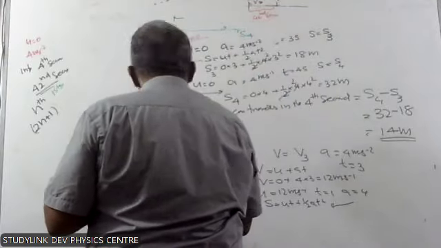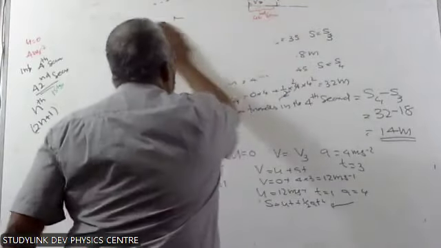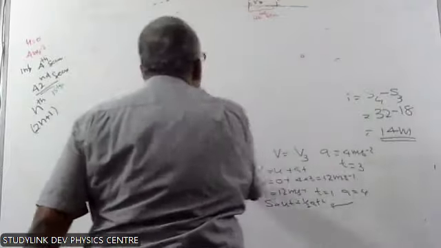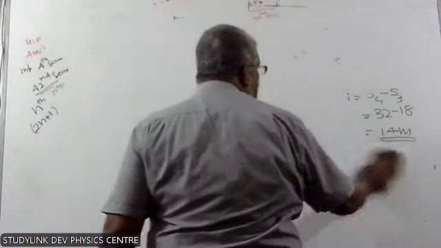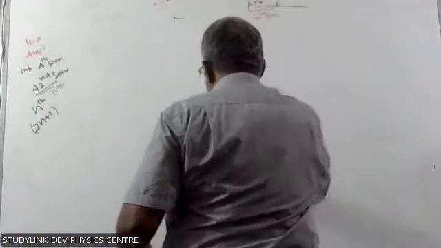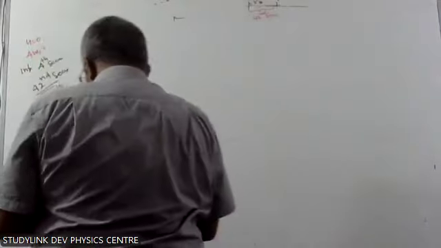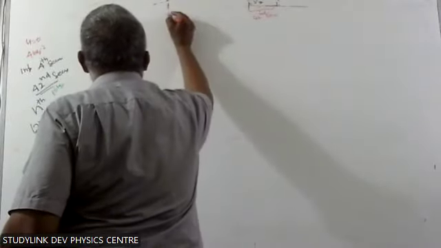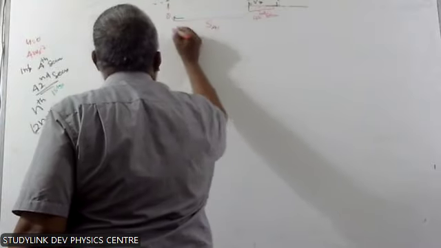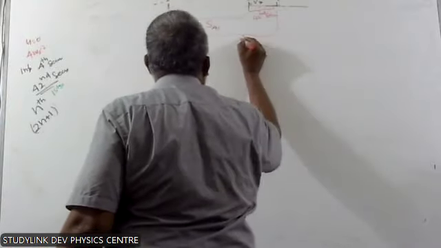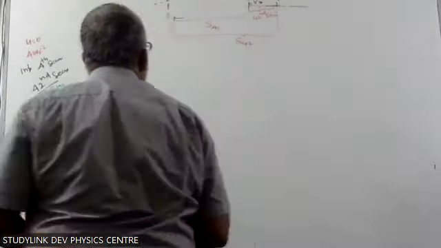So therefore, you have to find the distance from 0 to 41 and 0 to 42. That means from 0 you have to find up to this, that is S41, and from 0 up to here, S42.